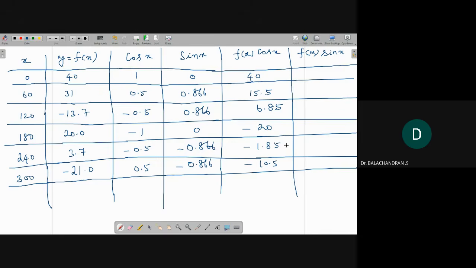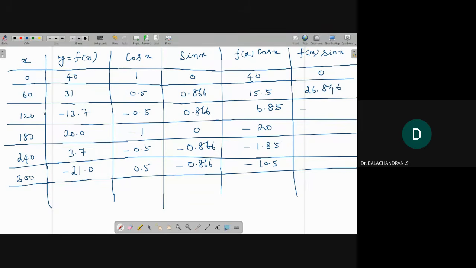Okay, now f of x into sin x, that is column 2 into column 4. 40 into 0, 31 into this is 26.846.